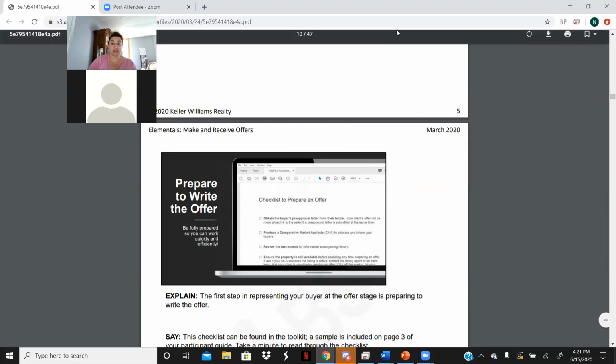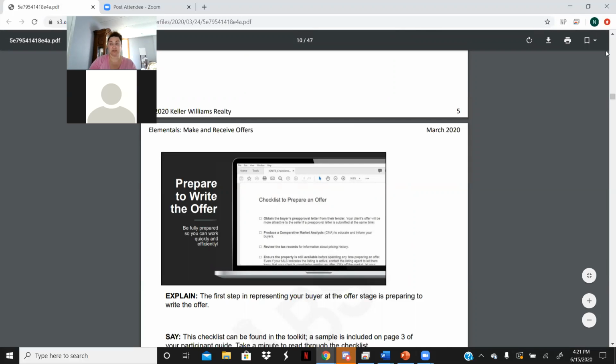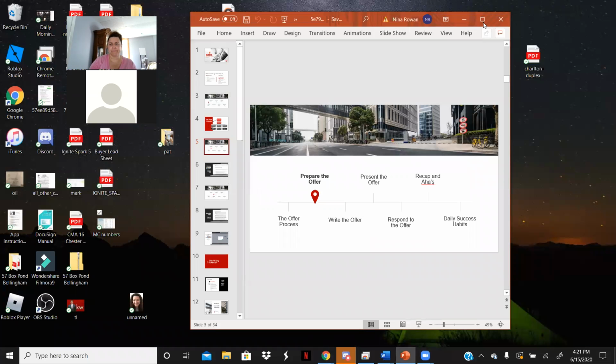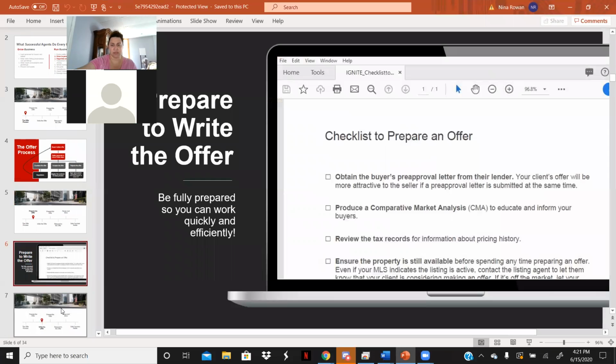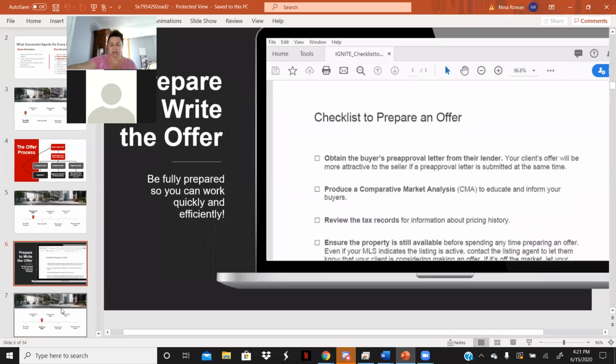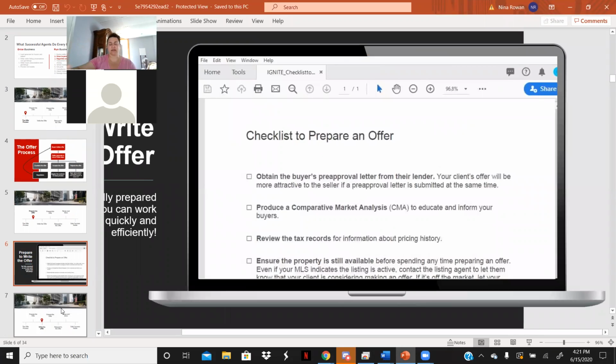Another thing that is good to do is a little CMA, not like the big one that you do for a listing presentation, but one where you give them a range.